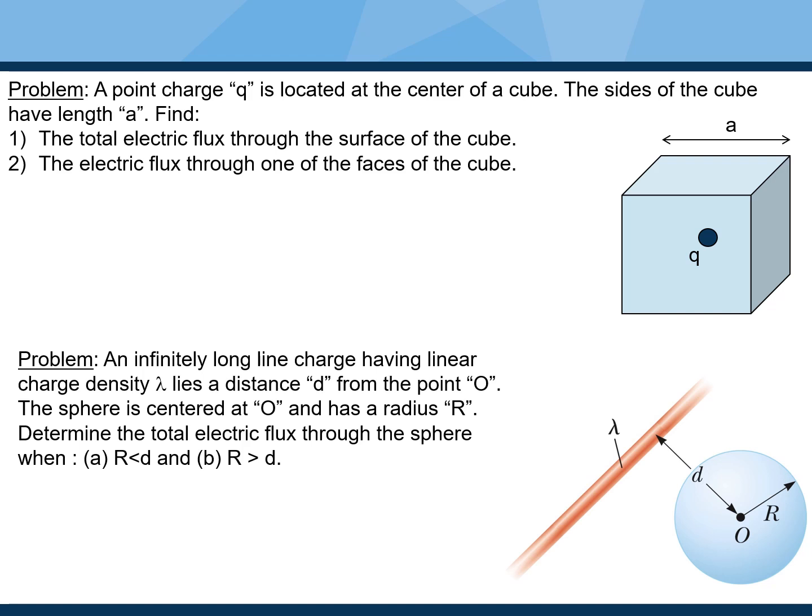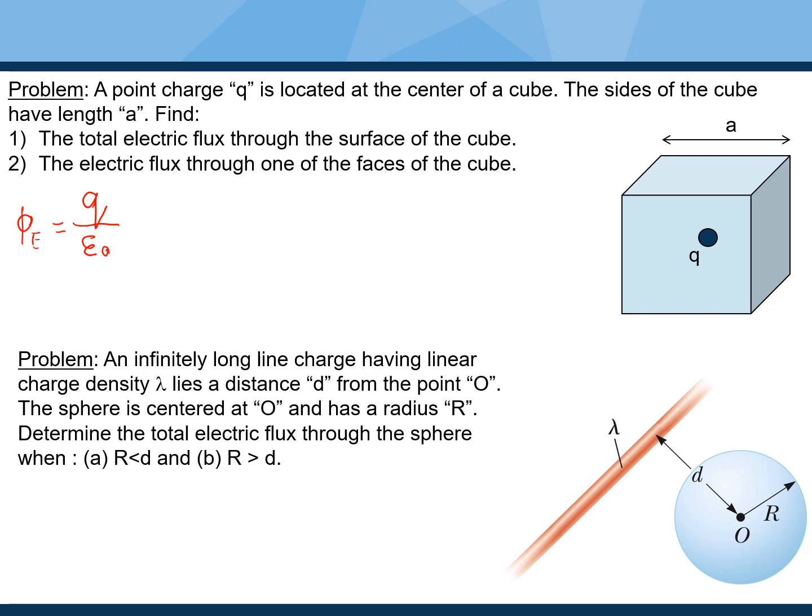That should be easy now, because the cube constitutes a closed surface with a charge within it, so Q over epsilon naught gives you the electric flux phi sub E through the entire surface of the cube.